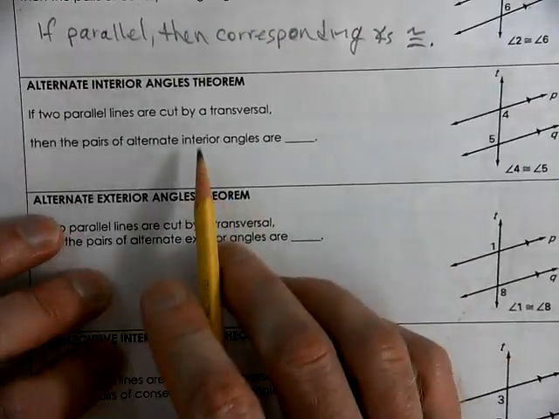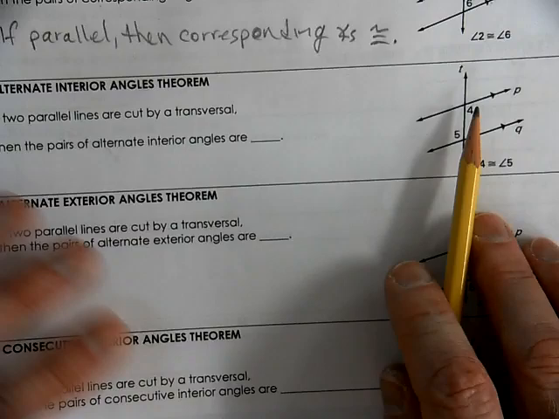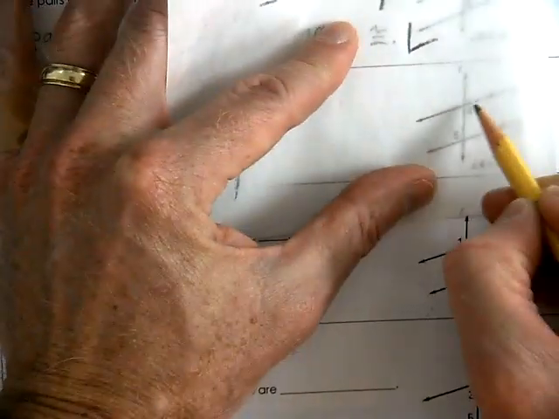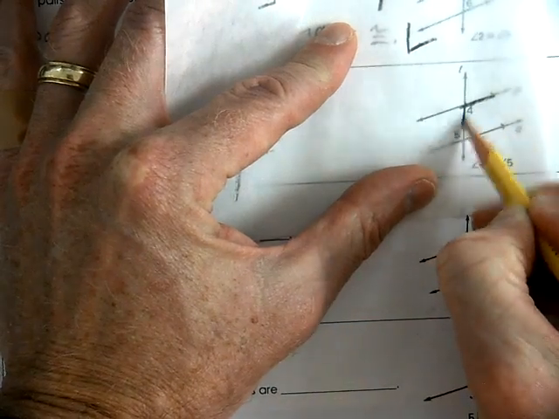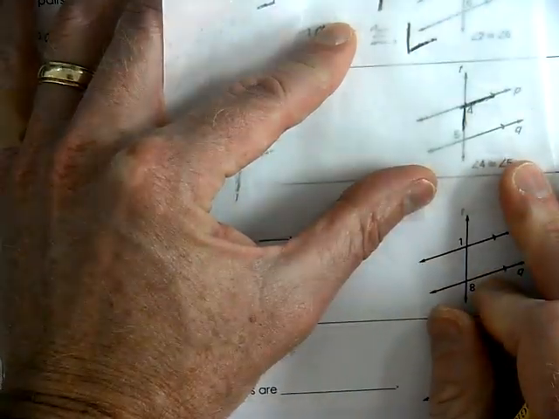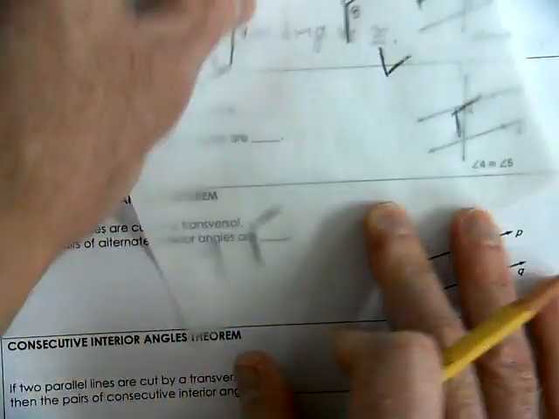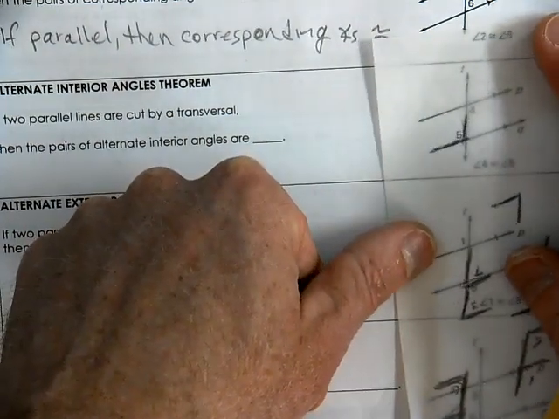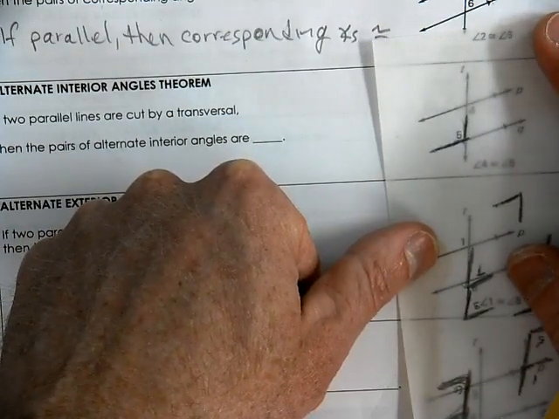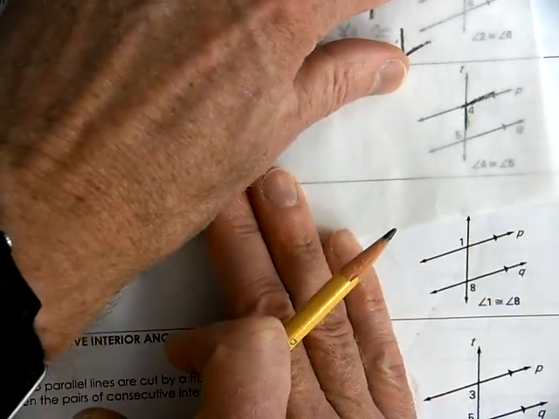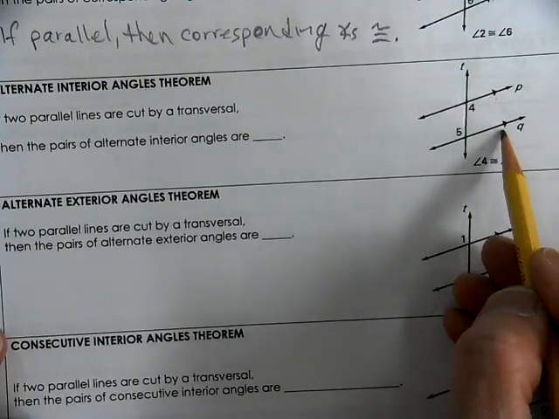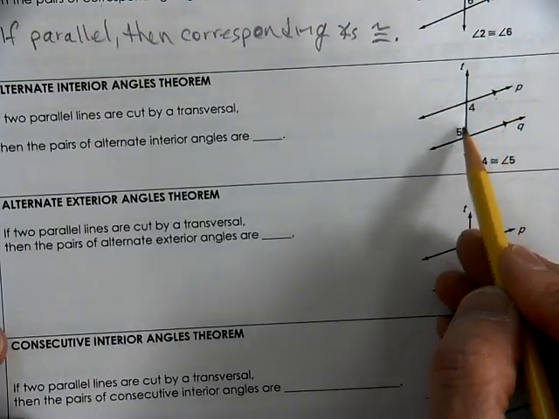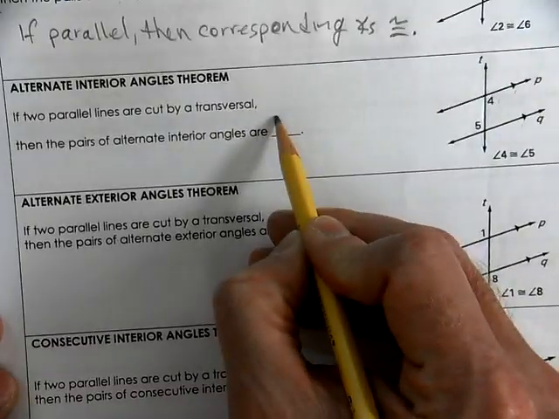When we cut it by a transversal, notice that there's your 4. If you spin it around, it's going to be the same shape as your 5. So they are congruent. As long as the lines are parallel, alternate interior angles are congruent.